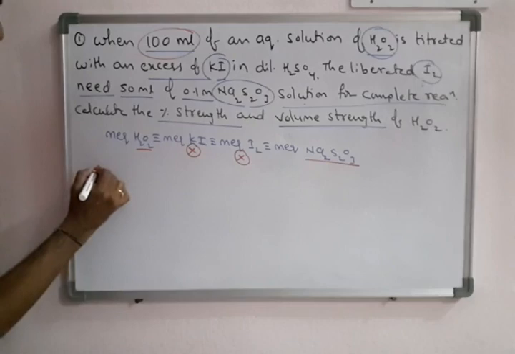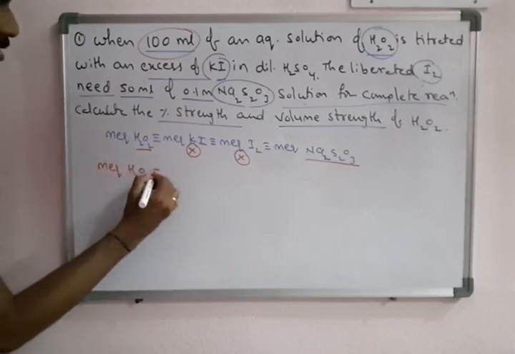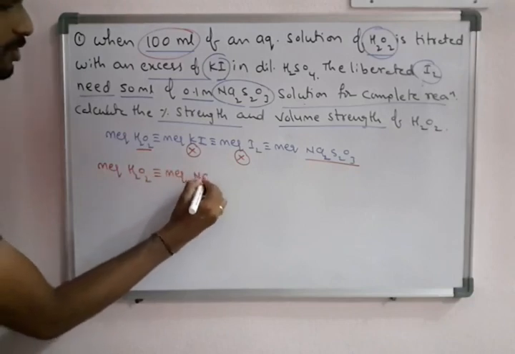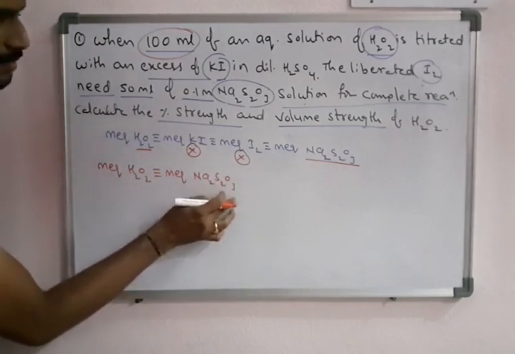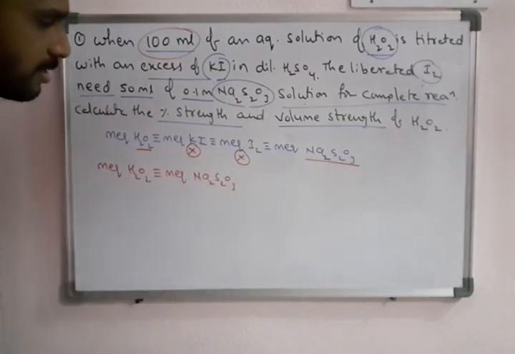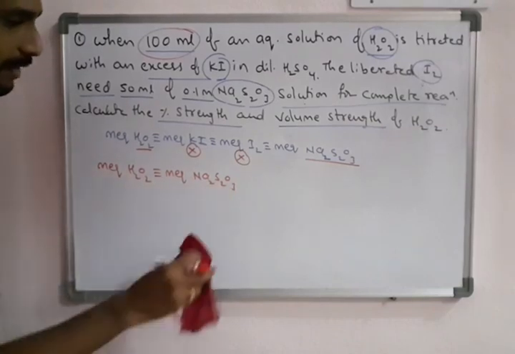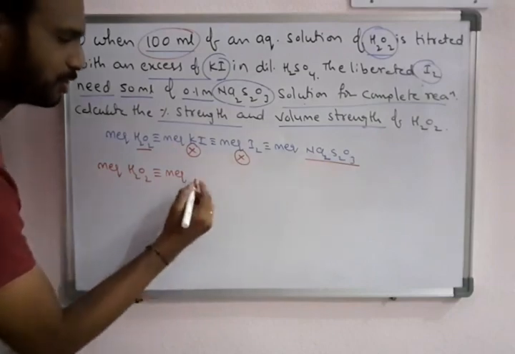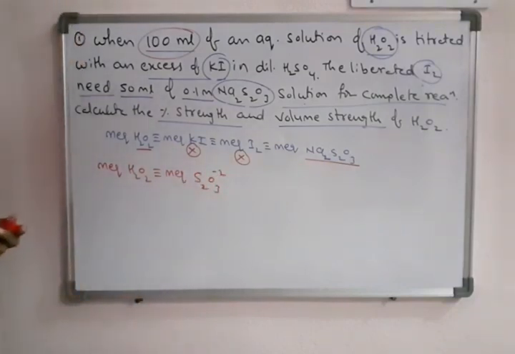So we can now write milli equivalents of hydrogen peroxide is exactly equal to milli equivalents of sodium thiosulfate, or in terms of the reacted part, Na2S2O3, or the reacted part S2O3 2-.